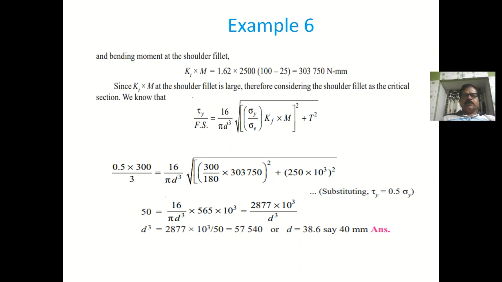When you go for indefinite life, we use the Soderberg equation or Goodman's equation. The Soderberg equation takes care of ductile materials, and Goodman's is suitable for brittle materials. There is also a modified Goodman's equation, since Goodman's relation does not take care properly of combined loading conditions, and therefore, to overcome the difficulties faced in combined loading conditions, we use the modified Goodman's equation.